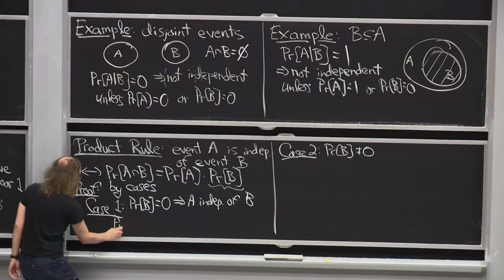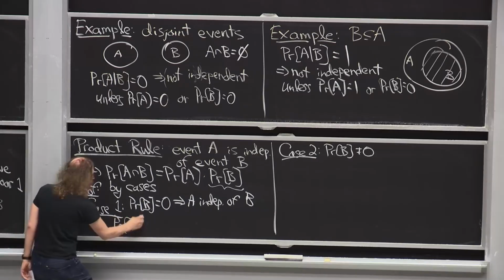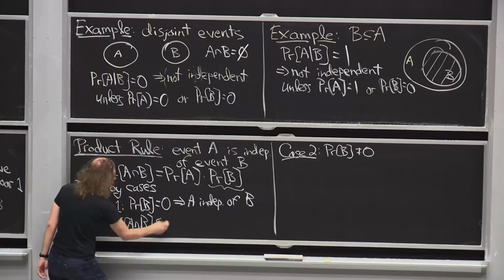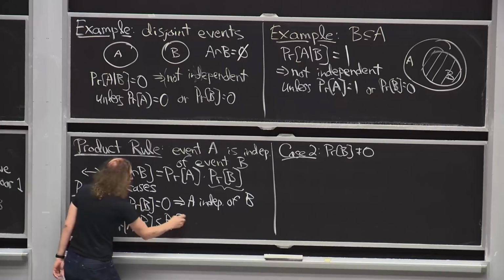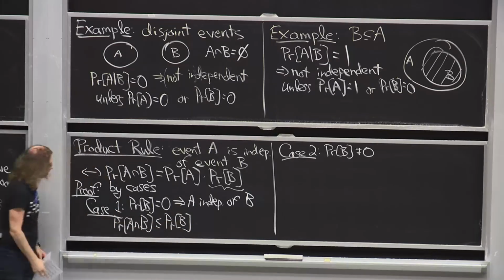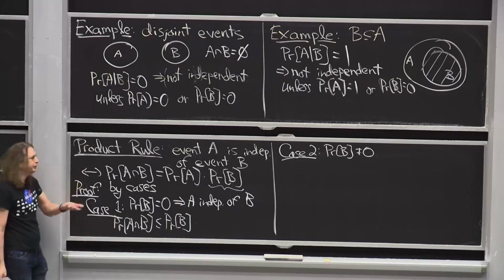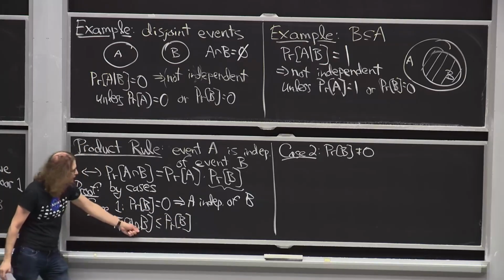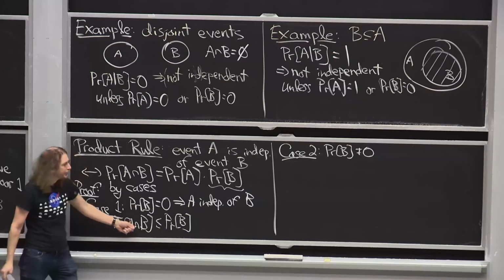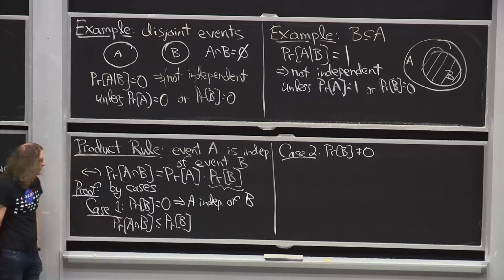And indeed, probability of A intersect B is at most probability of B. Why? Because this set is contained in this set, and probability is monotone. If you take a smaller set, it contains all the elements of this set, then this probability will be less than or equal to that.